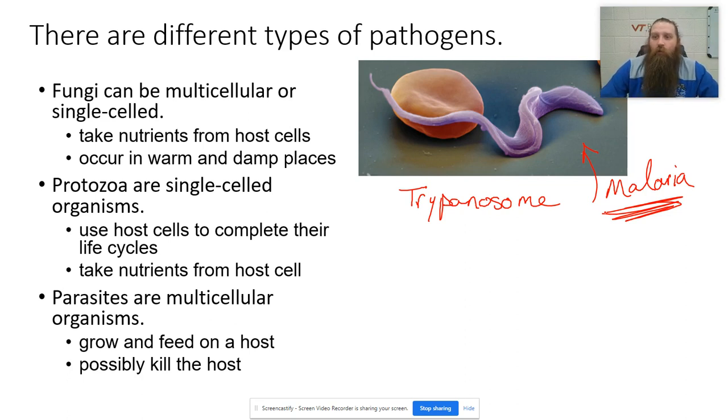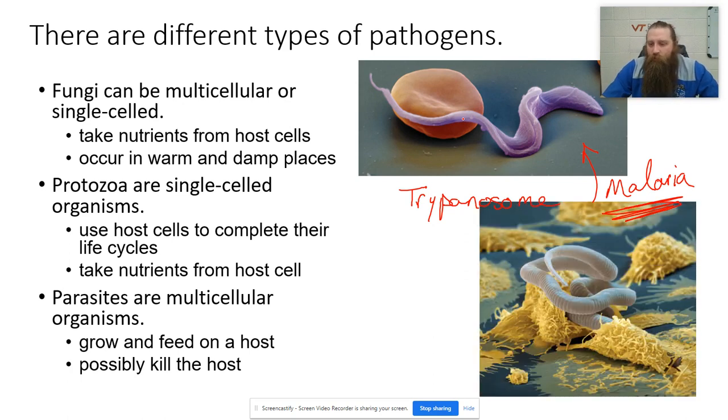It eats that red blood cell, kind of hollows it out, hides from the immune system, makes a bunch of little protozoans, and then they bust out of red blood cells. You get really tired and sick, and then they all burrow into a new red blood cell, and you start to feel better. But then all at once they bust out again, and you might die the second or third time that happens.